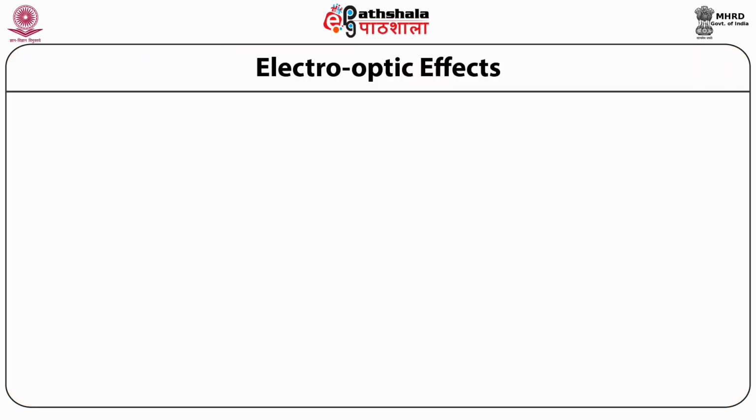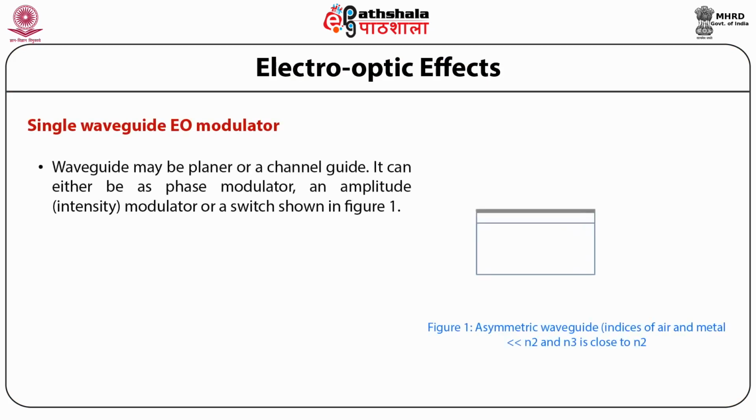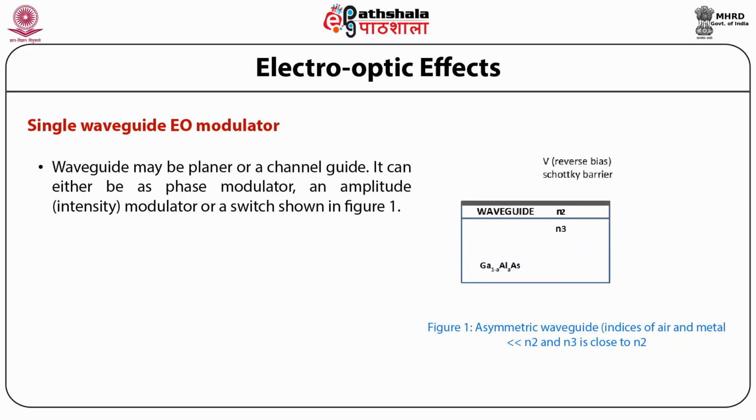Now let us discuss a single waveguide EO modulator. The waveguide may be planar or a channel guide. It can either be a phase modulator, an amplitude or intensity modulator, or a switch, as shown in this figure.